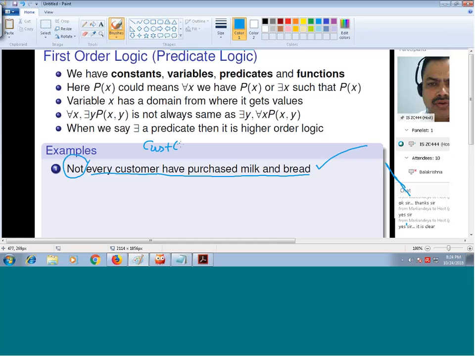CUST of X means X is a customer. Then shop X Y means that X has purchased Y. Are you able to understand this?